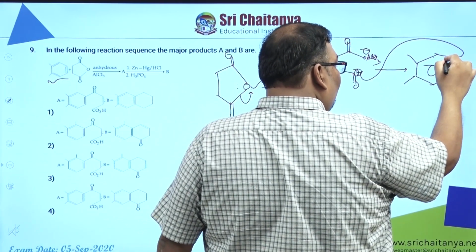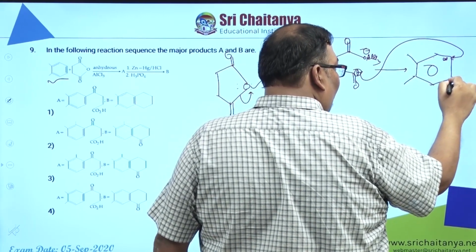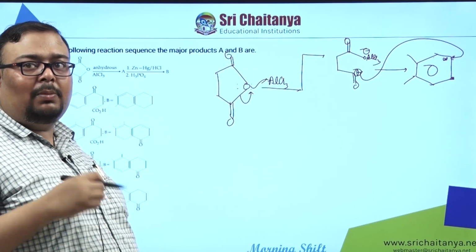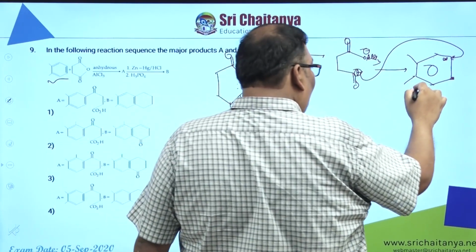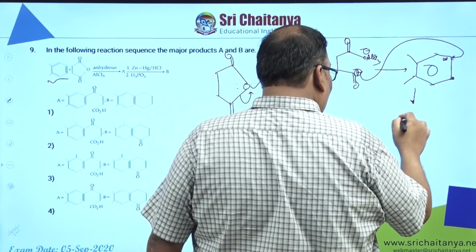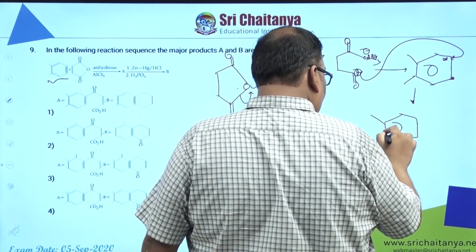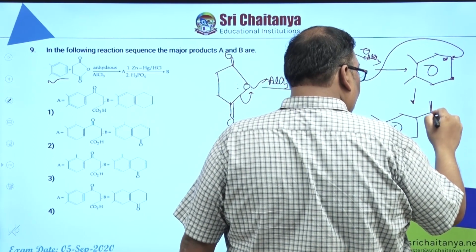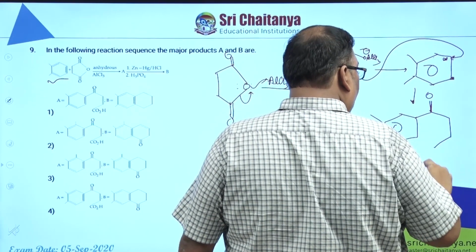With respect to this CH3 group, this is a para position, and with respect to this CH3 group, this is also a para position. Both positions are equivalent, so the attack can take place at either of these two positions. So when this is attacking here, we'll be getting this as the resultant molecule.